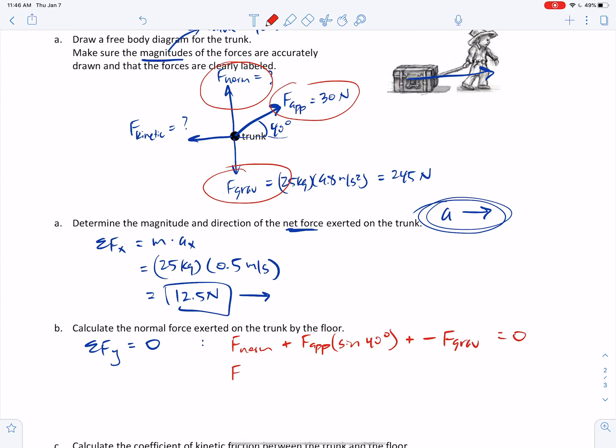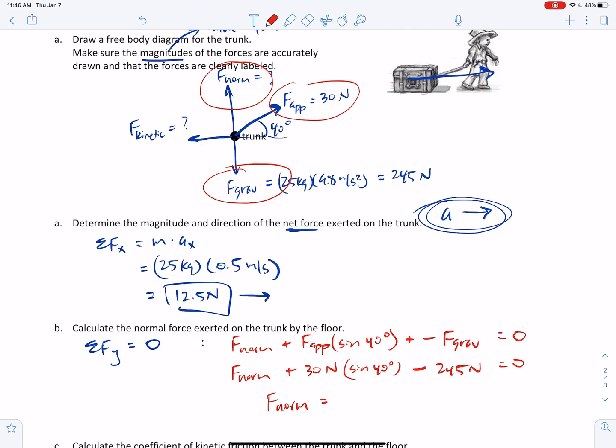All right, the normal force I don't know. The applied force is 30 newtons, and the force of gravity is 245 newtons. So setting those equal to 0, moving this whole term over to the right side will give me what the normal force is.